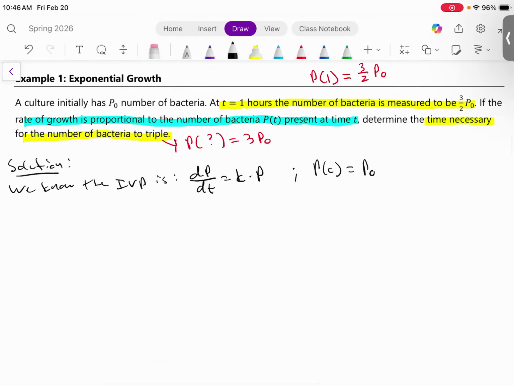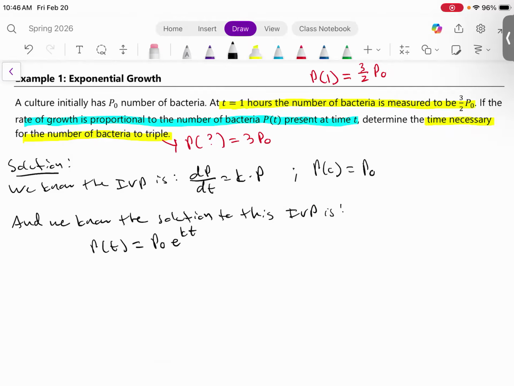We know from our work previously that the solution to this initial value problem is P of t equals the initial population times e to the kt. We know that for a fact, it's always a solution for this differential equation. We found that in the previous video.